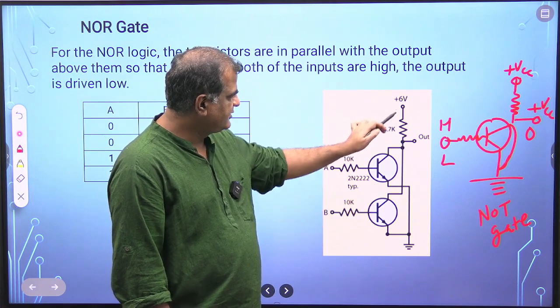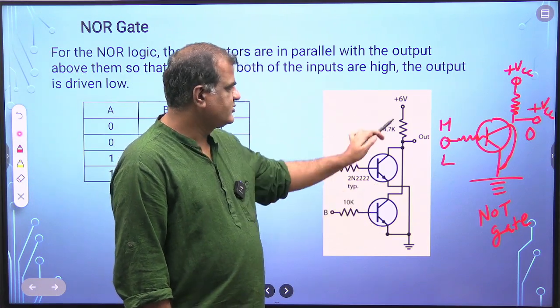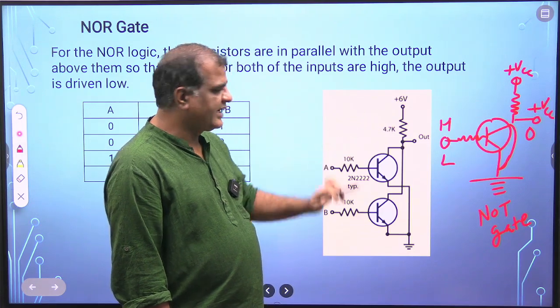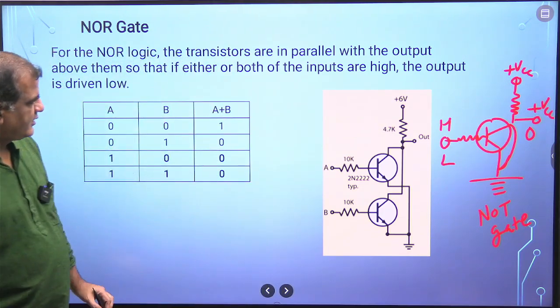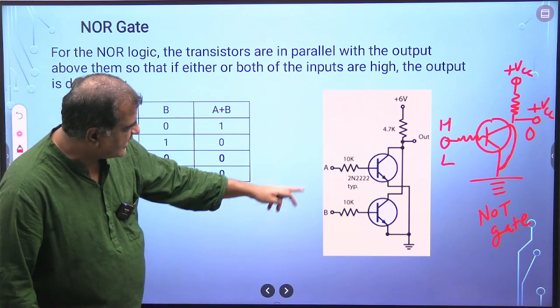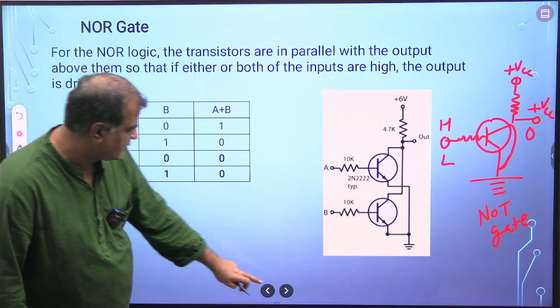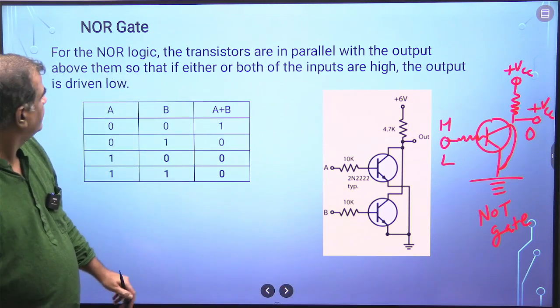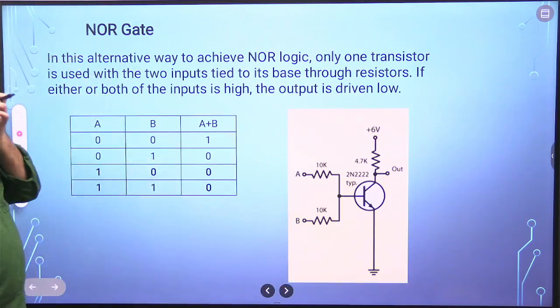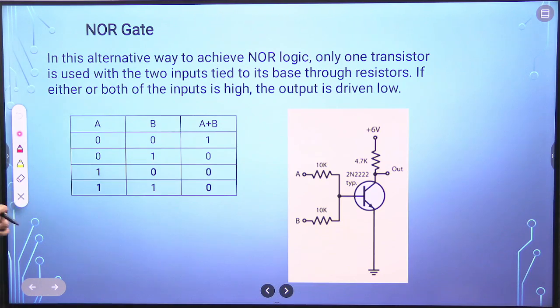If this is 0, this current cannot flow from here. So here the output will be high. It is the same, but the circuit is a little different. And this is one more circuit for the NOR gate.